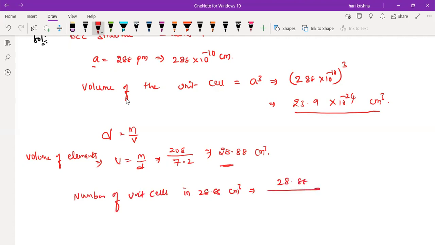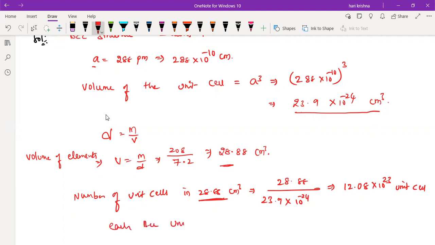28.88 by 23.9 into 10 power minus 24. The number of unit cells in this volume will be approximately 12.08 into 10 power 23 unit cells. But in each unit cell, how many atoms are there? Each BCC unit cell has 2 atoms.